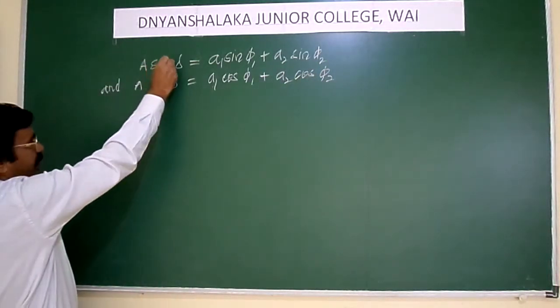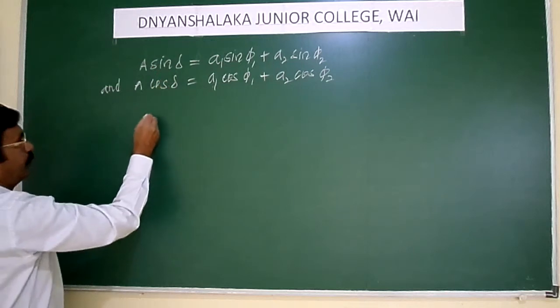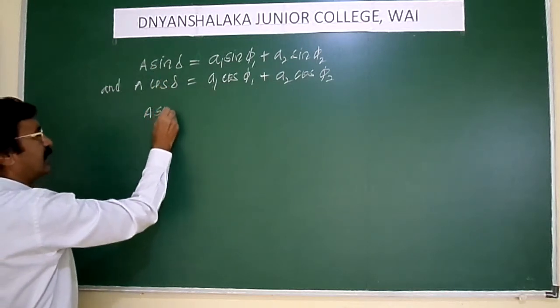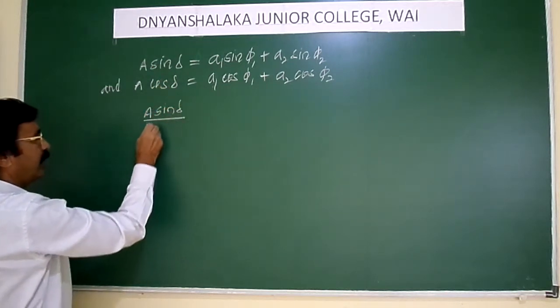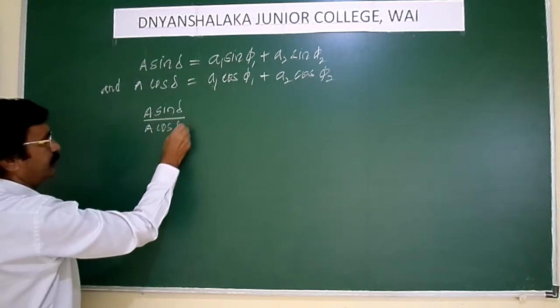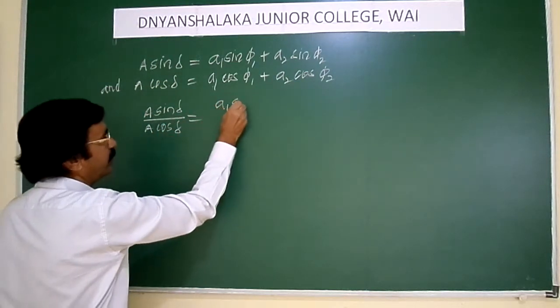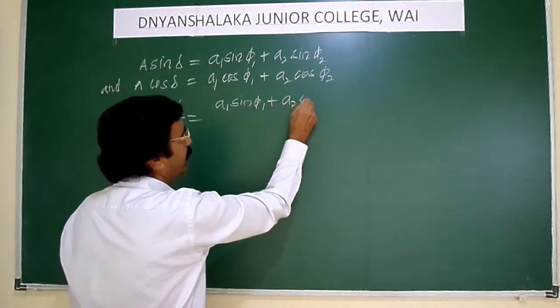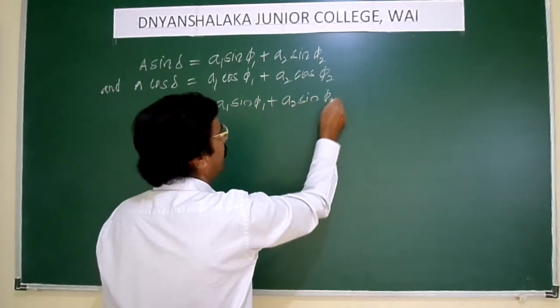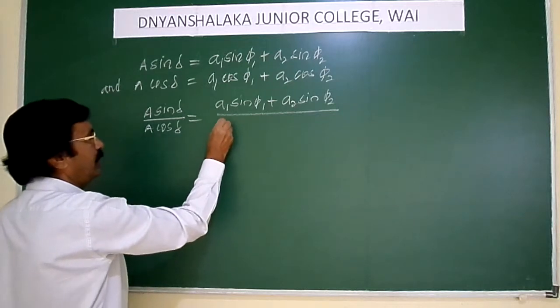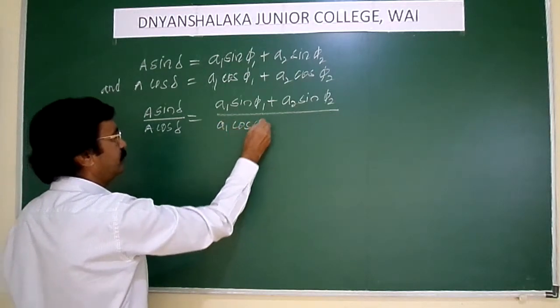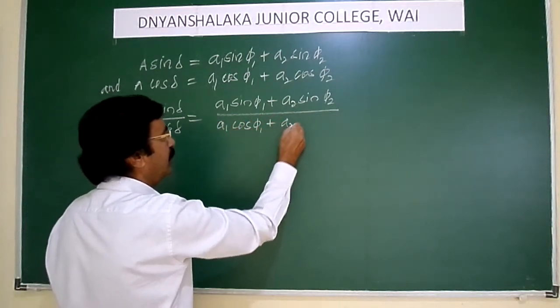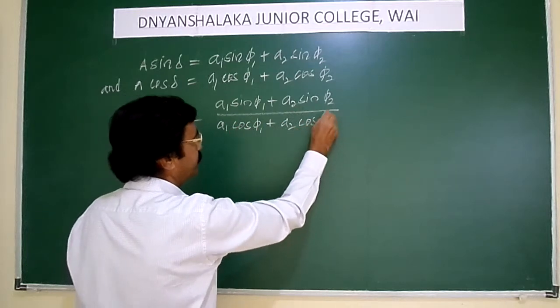If we divide equation 1 by equation 2, then A sin delta upon A cos delta will be equal to A1 sin of phi 1 plus A2 sin of phi 2 upon A1 cos of phi 1 plus A2 cos of phi 2.